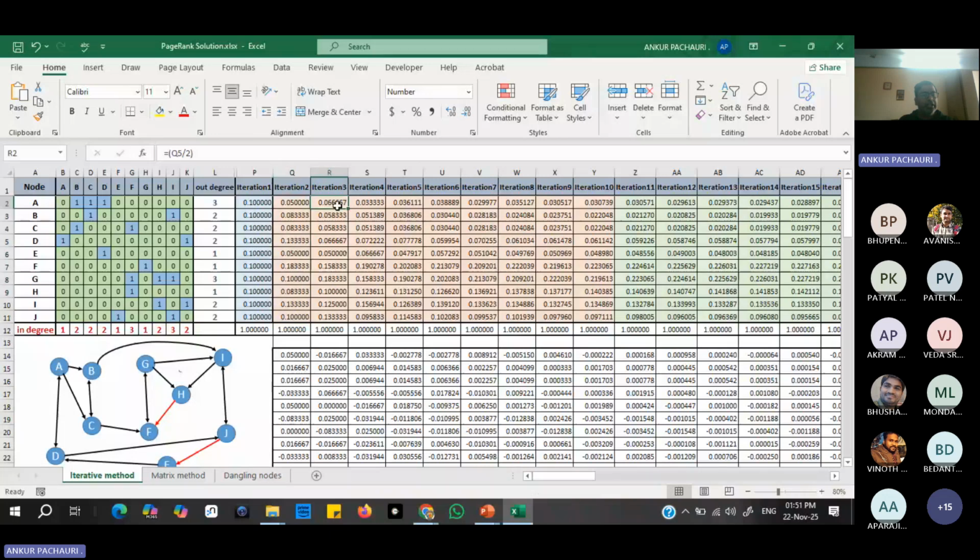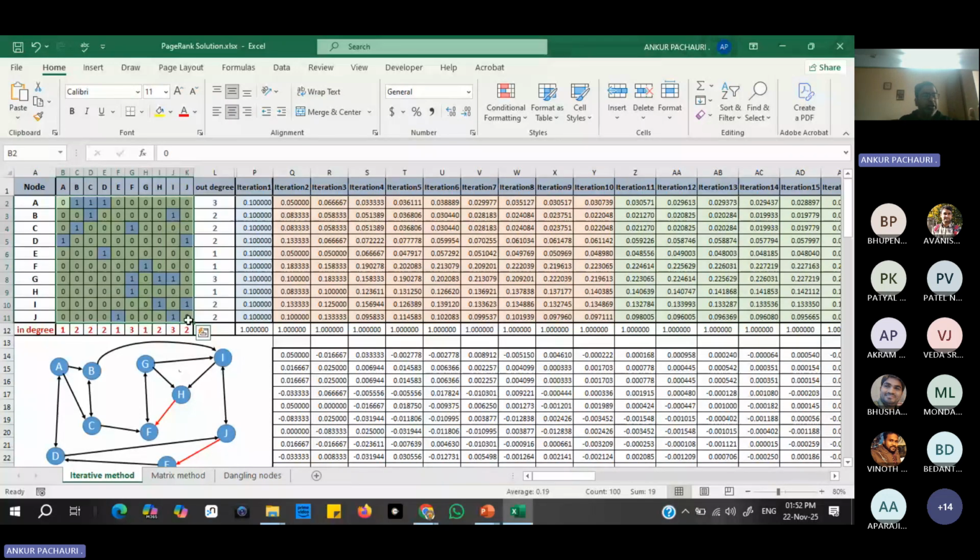Similarly, if we have to find the page rank for the third iteration, it will use the page rank of the second iteration. Similarly, the page rank for the fourth iteration will use the updated page rank from iteration 3. So if we are computing the page rank, the only thing we require is the adjacency matrix.